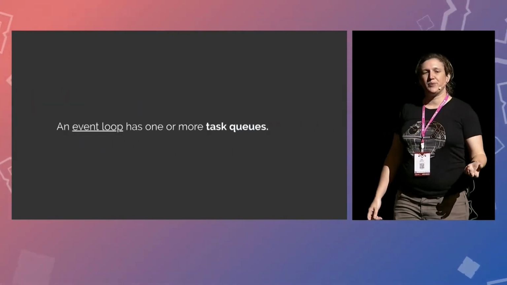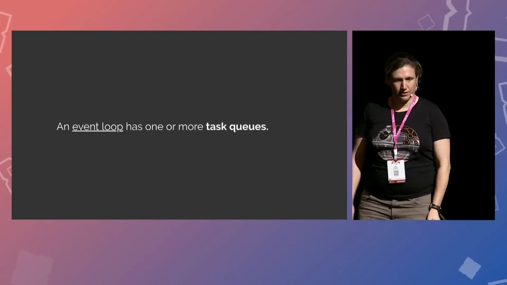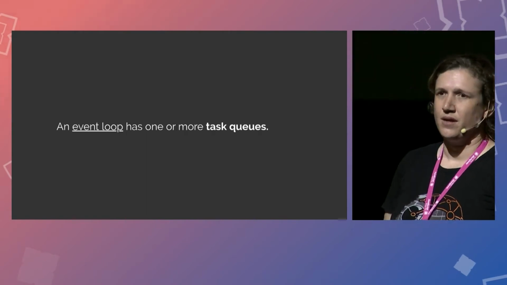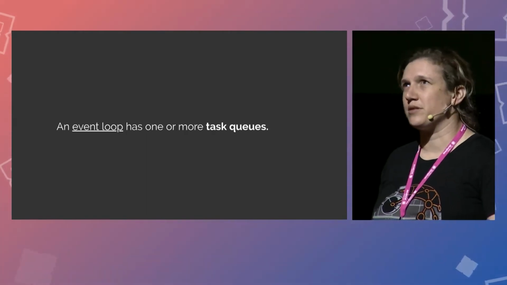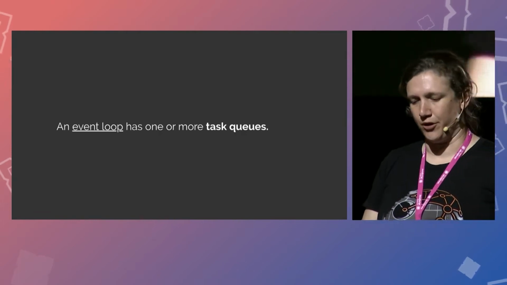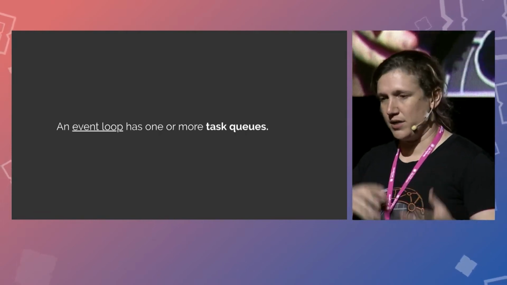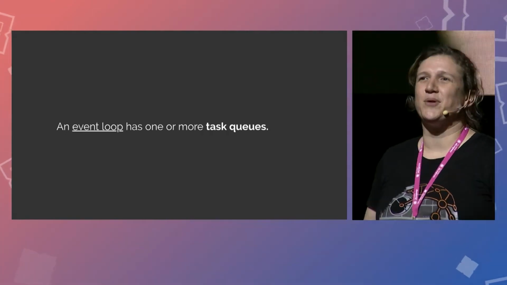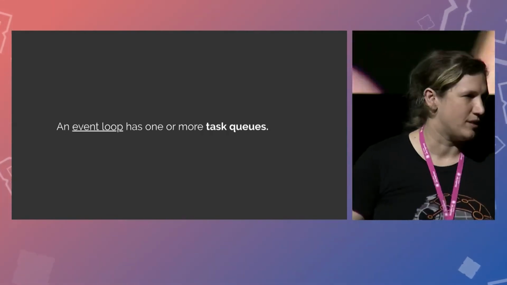See, an event loop can have one or more task queues. This is just like the text out of the spec. And when I was preparing the talk, I thought what I'll do is I'll go and find some code in an open source browser, and find a browser that has one or more task queues, and show you an example of a real-world browser that has one or more task queues.